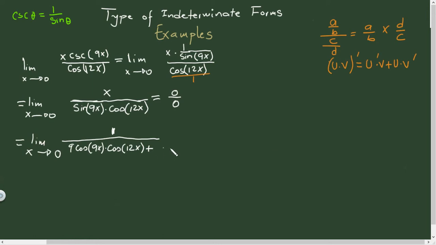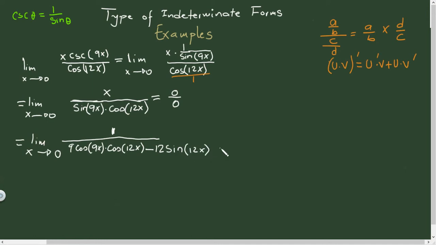So that plus changes into a minus, because the derivative of the cosine is minus, and that will be 12 times minus sine of 12x.